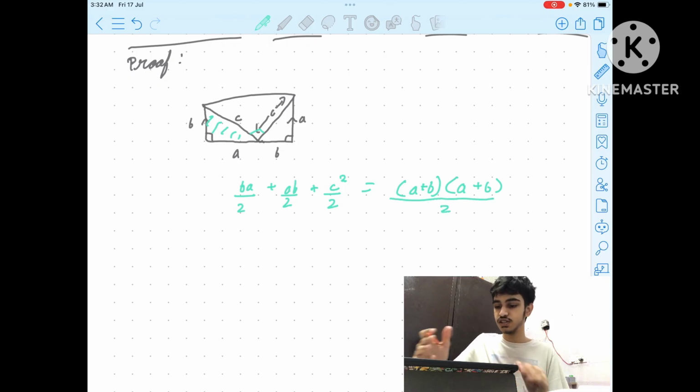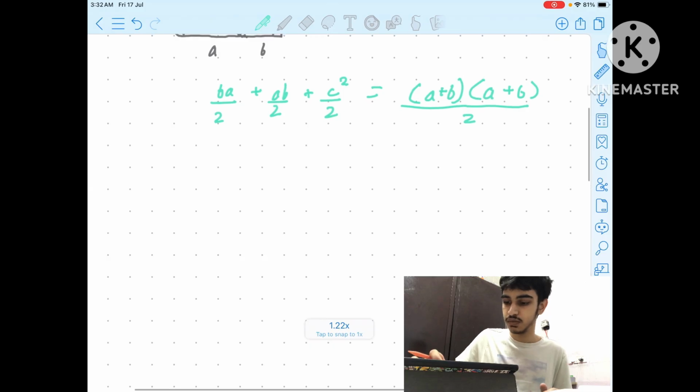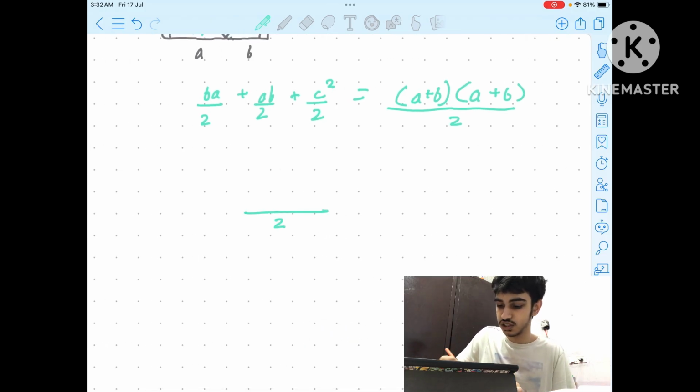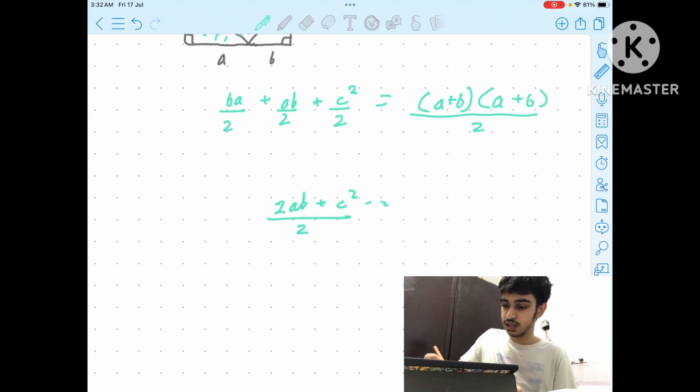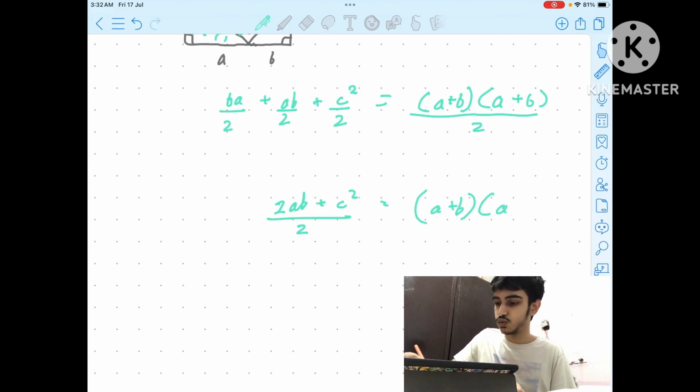So these both things will be the same, so let's do simple simplifications. This will be 2 and this will be 2ab plus c square, and it will be a plus b into a plus b by 2.